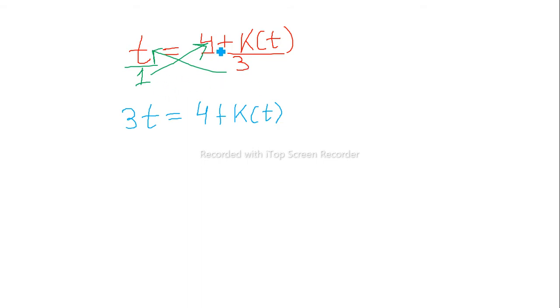So 1 times 4 plus K of T is 4 plus K of T. Alright, the next thing we're going to do is send the 4 over. So it's going to be 3T minus 4 equals K of T.